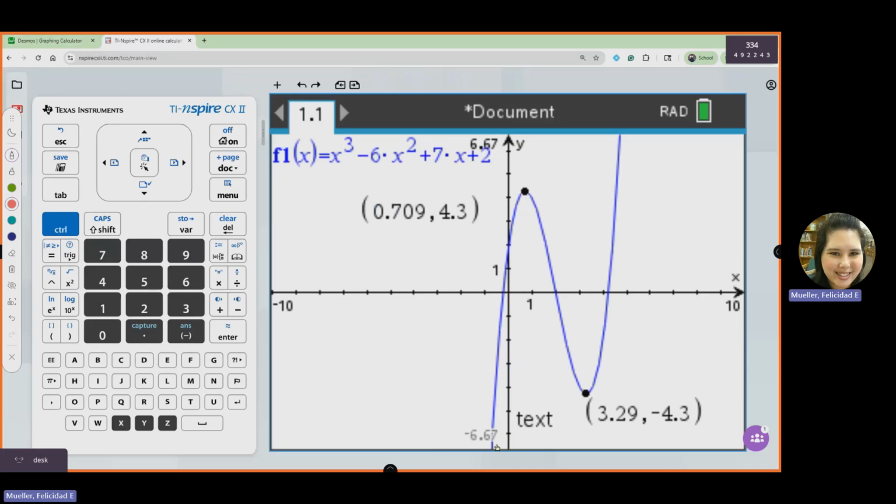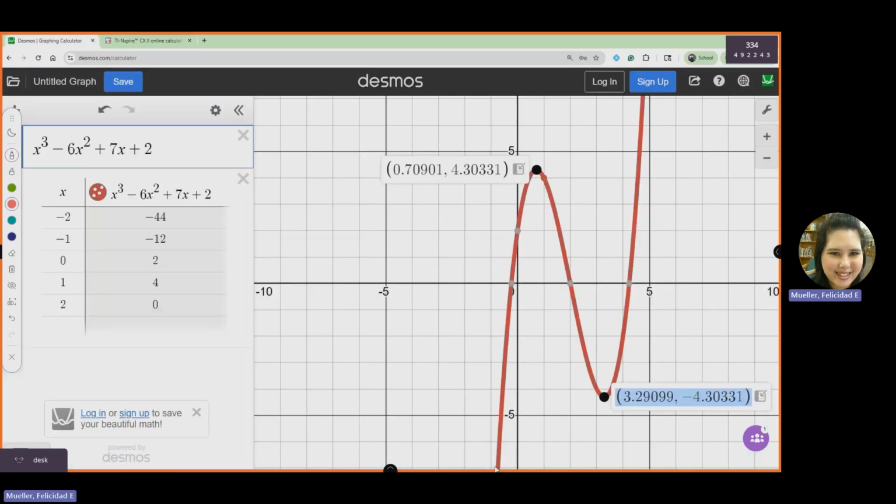So as we can see in this first section right here, the slope is positive, and then the slope is negative, and then the slope is positive.